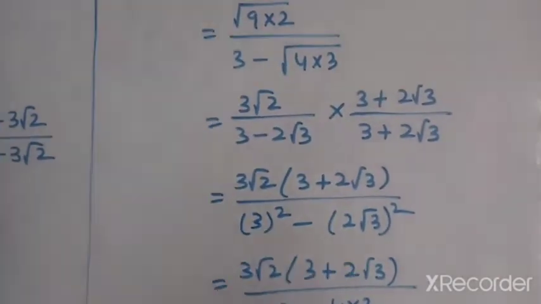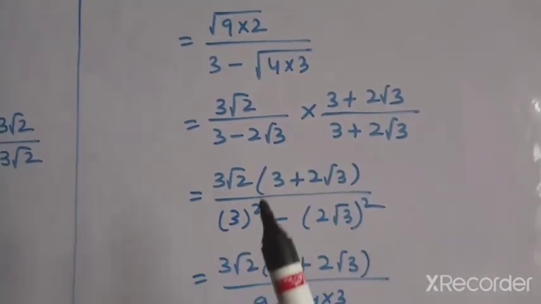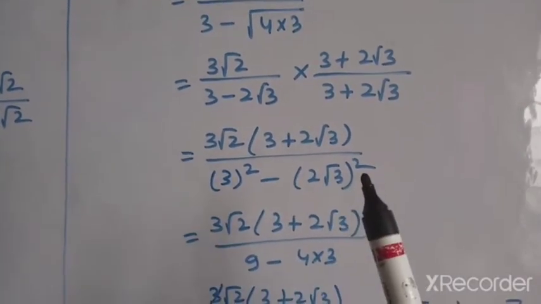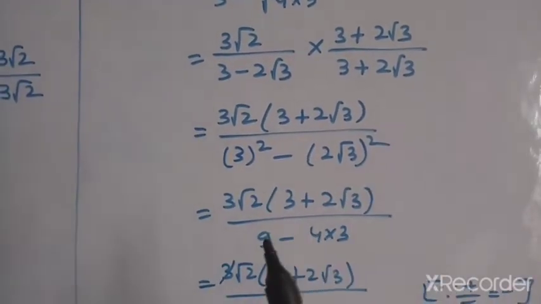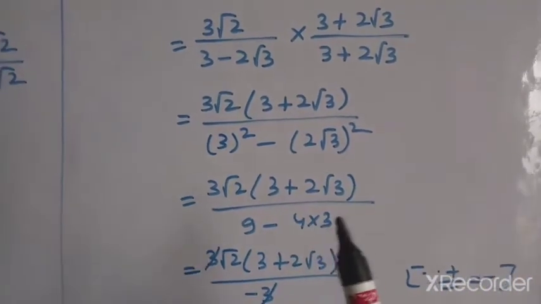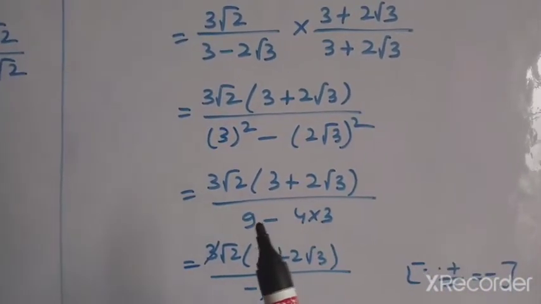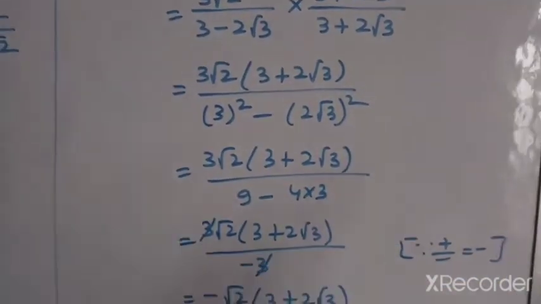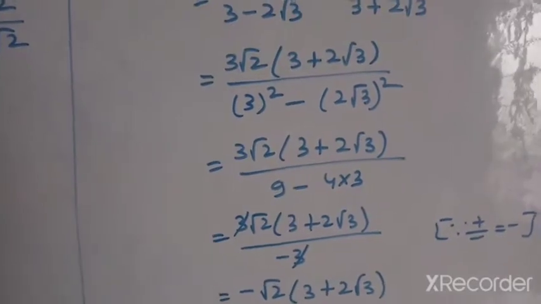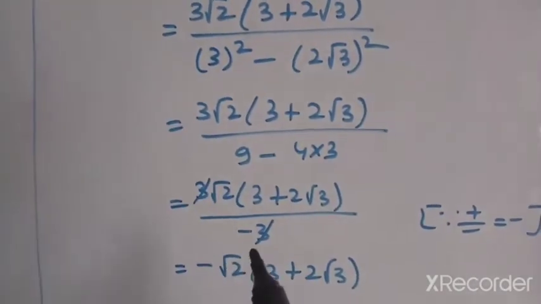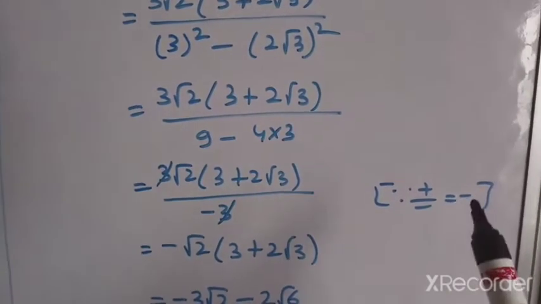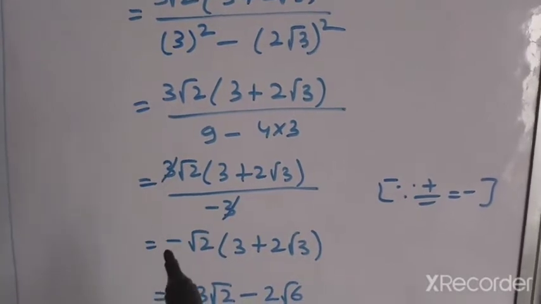When you multiply, here you get this one, and this is the square of 3 and the square of 2 root 3. Now over here you got 9 minus 4 threes are 12. The second one is more compared to the first one, so you will find a negative sign because its sign is minus. So 9 minus 12 will give you minus 3. So 3 and 3 cancel. So this got sign as plus. Plus divided by minus is minus. So minus will come in front.